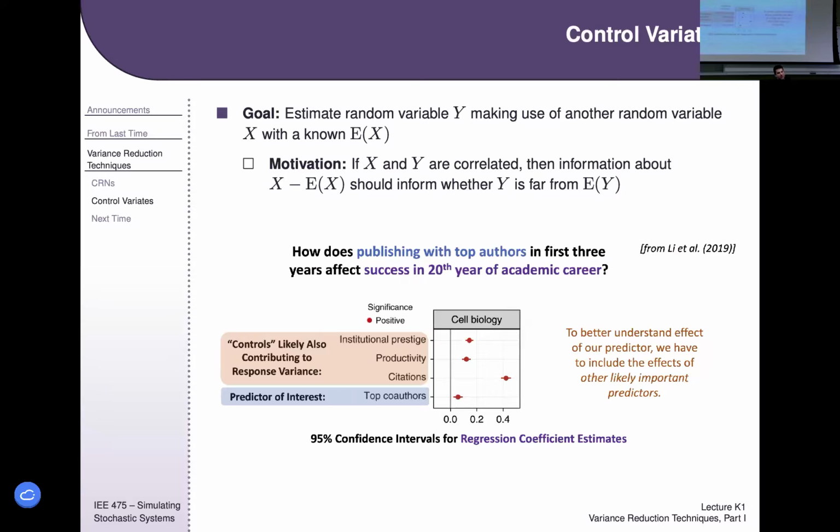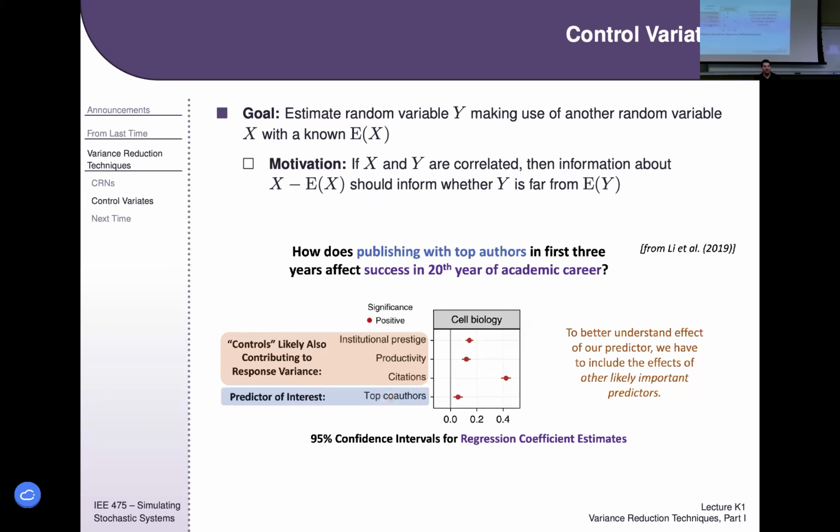Did the people you published with affect how successful you were later? Their key predictor was, they looked at the literature, and for everybody who published, they saw who they published with. That was the predictor of interest here, top co-authors.